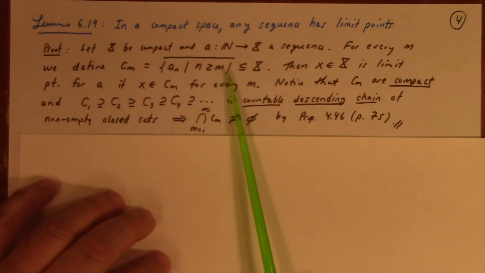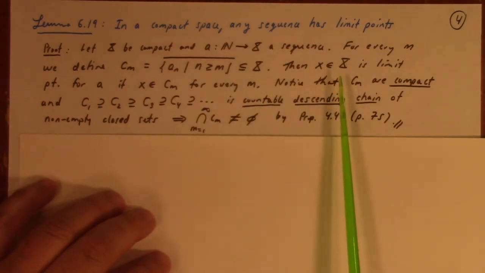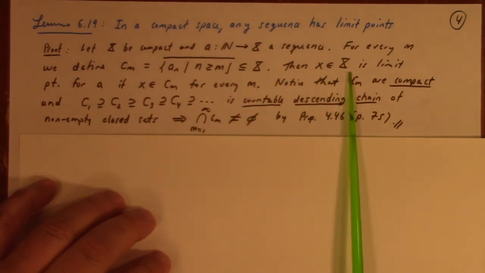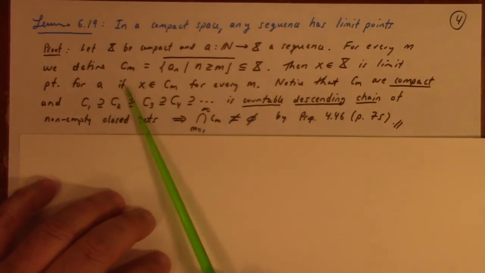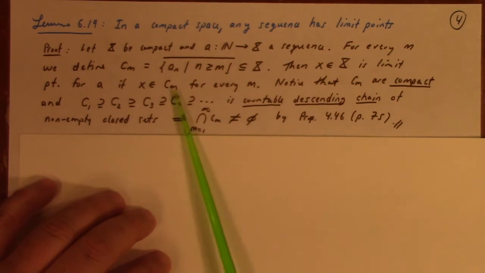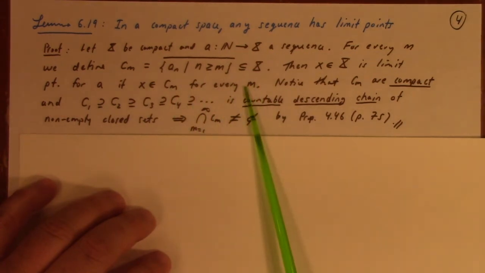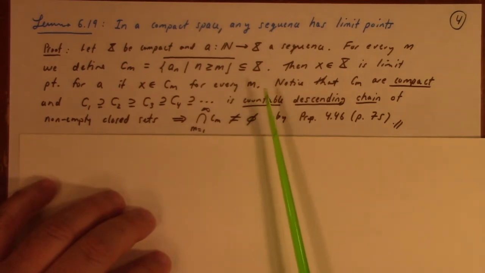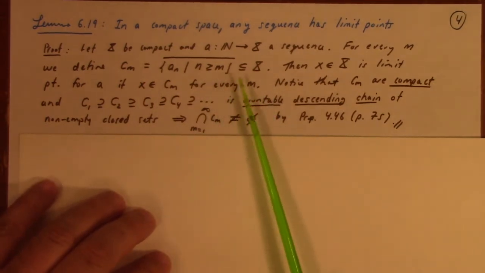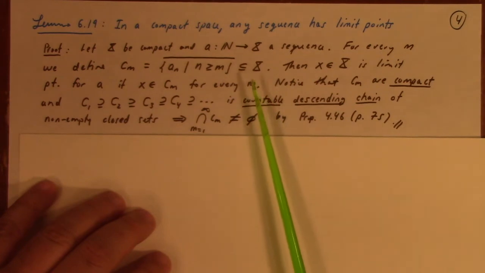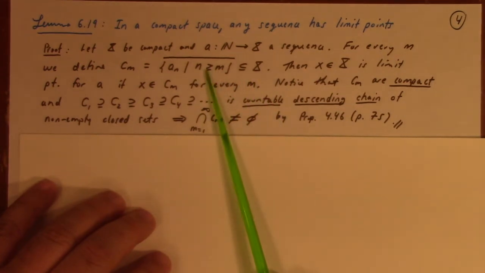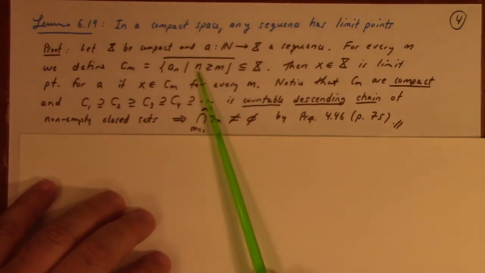An element x of X is a limit point for A if x is an element of C_m for every m. Now, notice here that the C_m are compact because they're a closed subset of a compact space, so I believe that makes them compact.